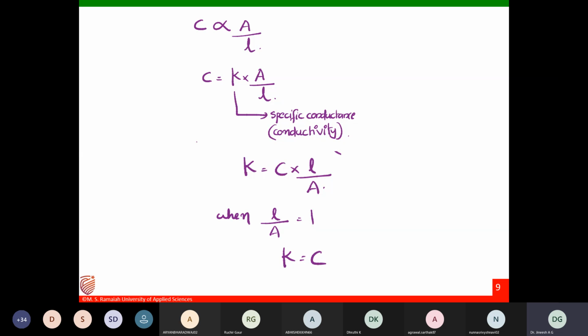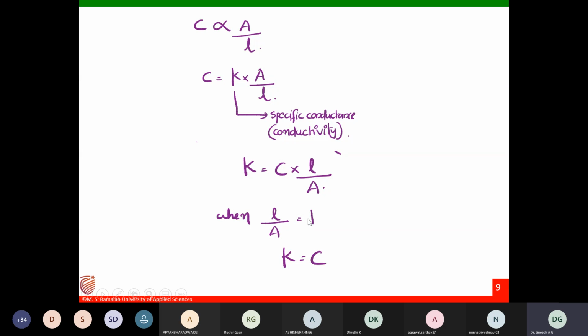If you come to the lab and take a conductivity cell, that conductivity cell has the same cell constant every time. Monday you come, you do it. If you are taking the same conductivity meter, the L by A value will be a particular value. If you come next year also and take the same conductivity meter, the L by A value will be the same. That's why it is known as the cell constant. No change, cell constant.